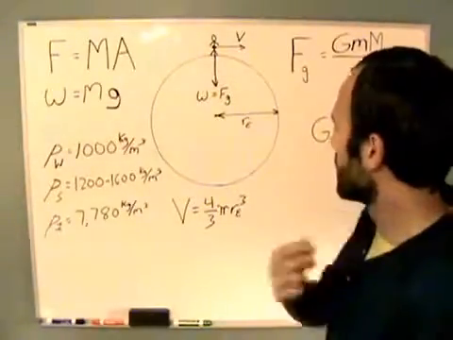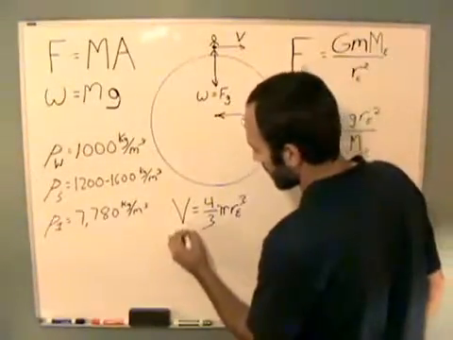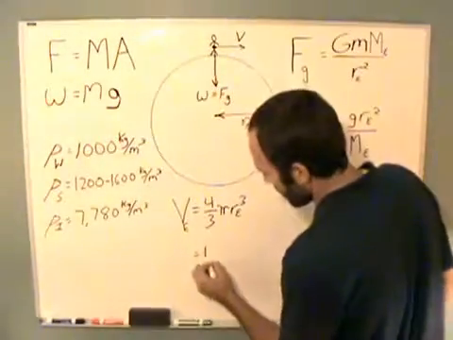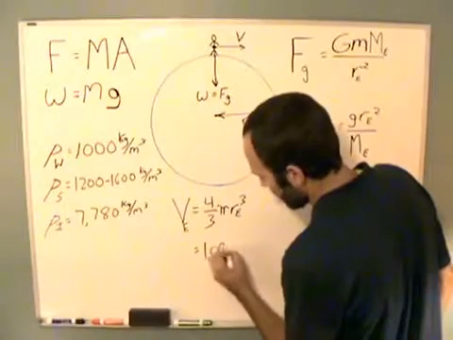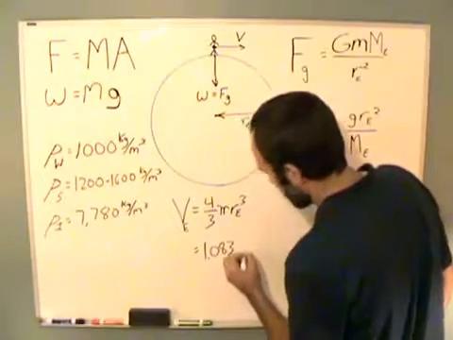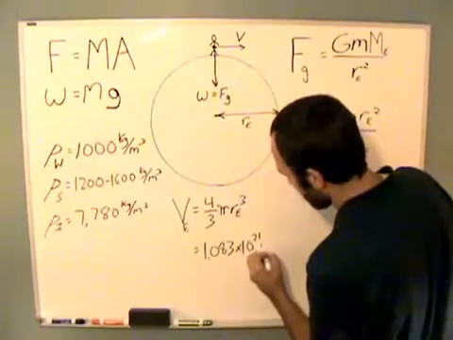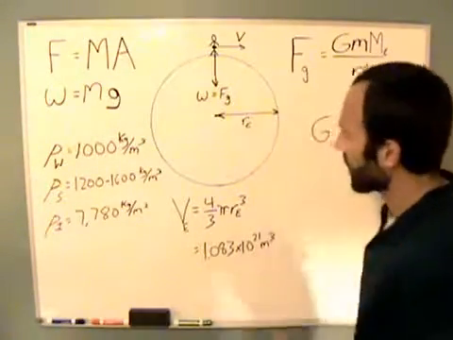Now, based on the volume of Earth, let's call that VE, the volume of Earth is actually 1.083 times 10 to the 21 meters cubed, okay?